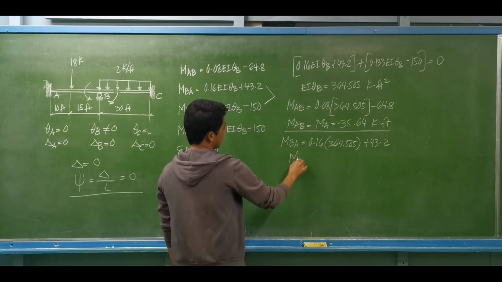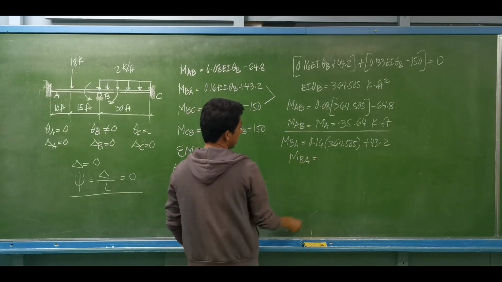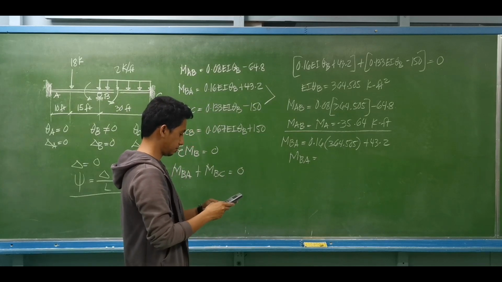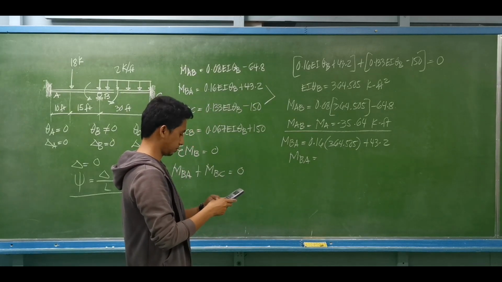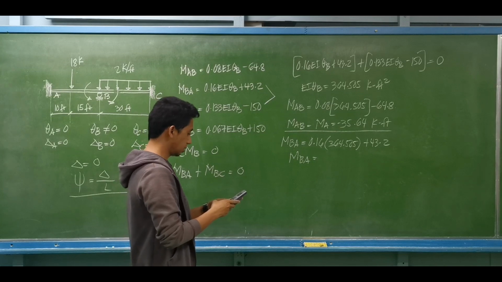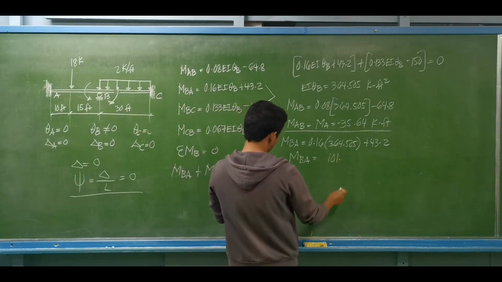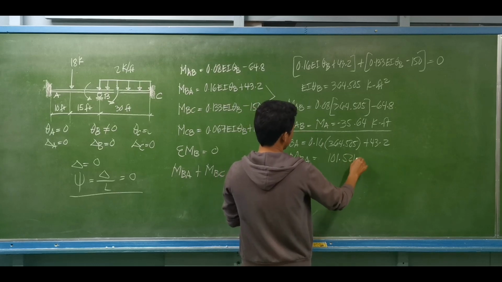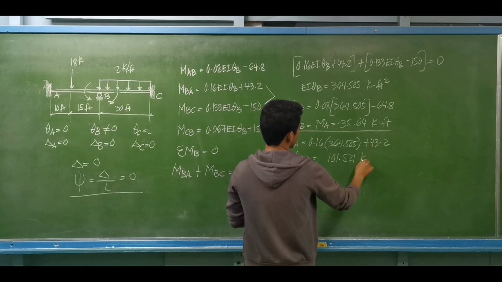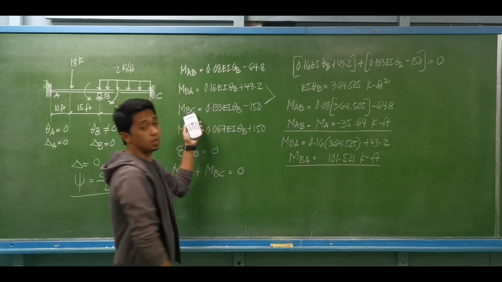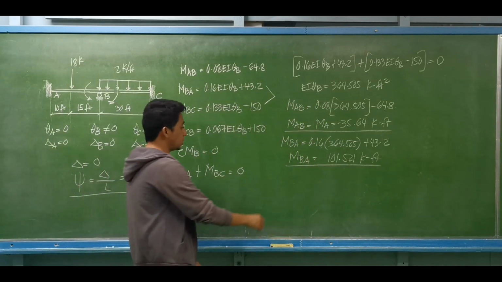So we have the moment for span BA equal to positive 101.521 kips foot. That is moment BA.